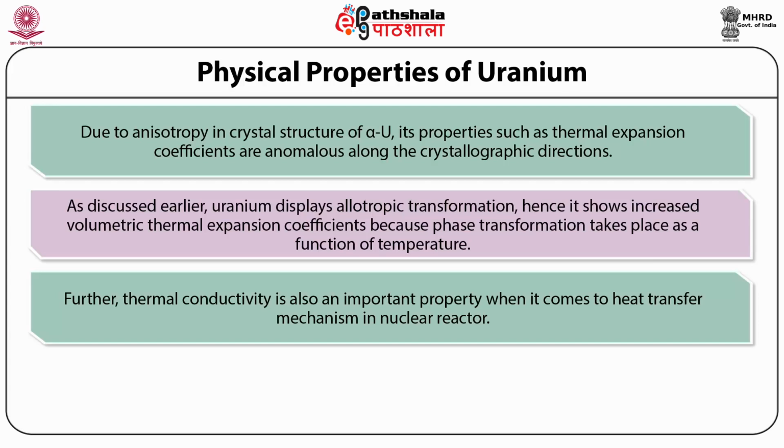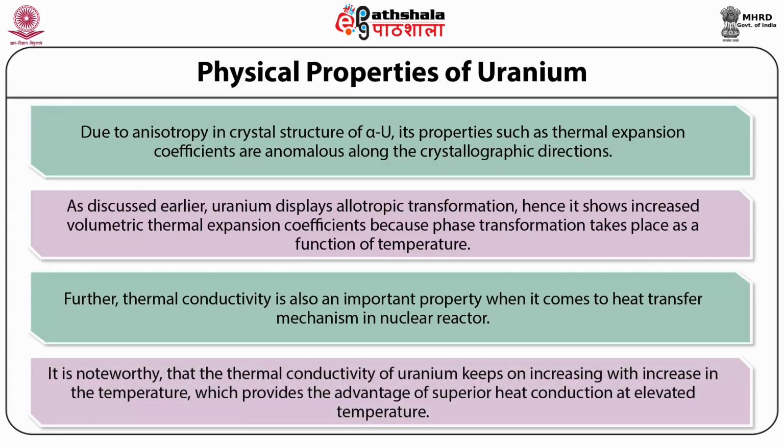The figure shows the variation in thermal conductivity of well annealed high purity polycrystalline uranium with temperature. It is noteworthy that the thermal conductivity of uranium keeps on increasing with increase in temperature and provides the advantage of superior heat conduction at elevated temperature.